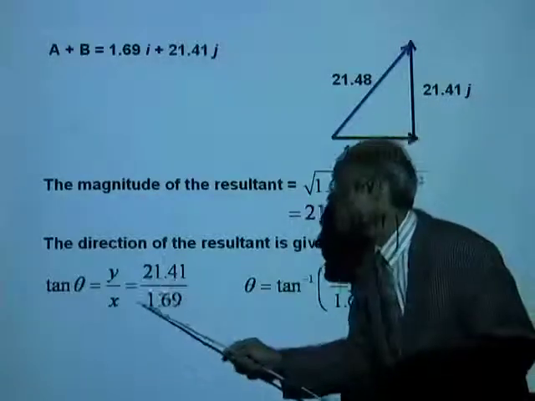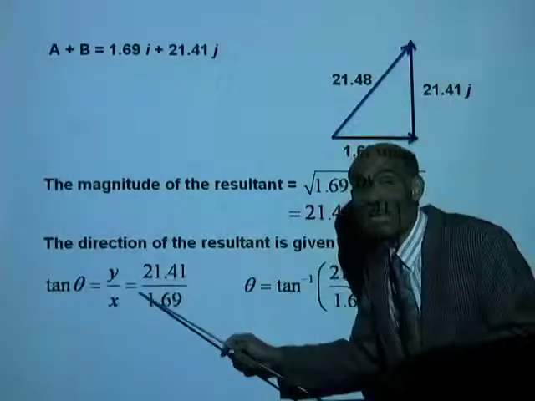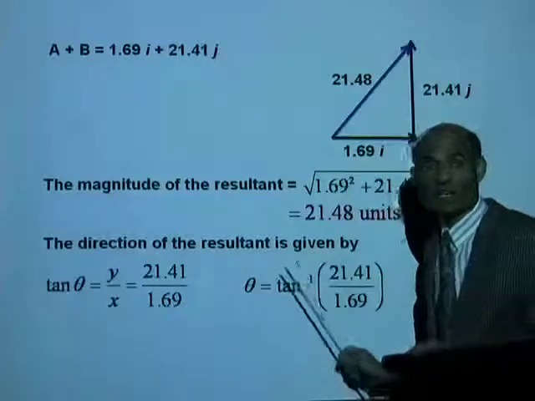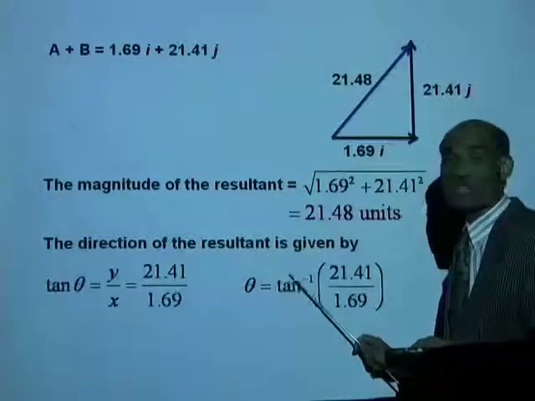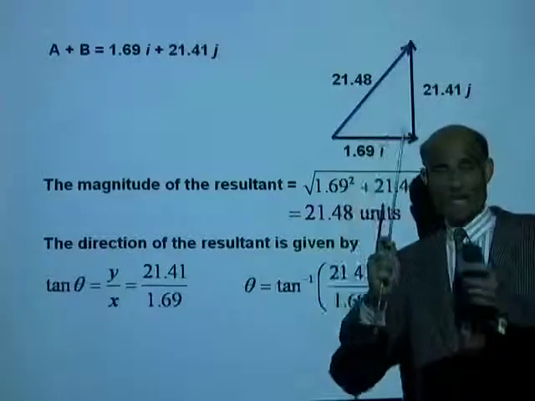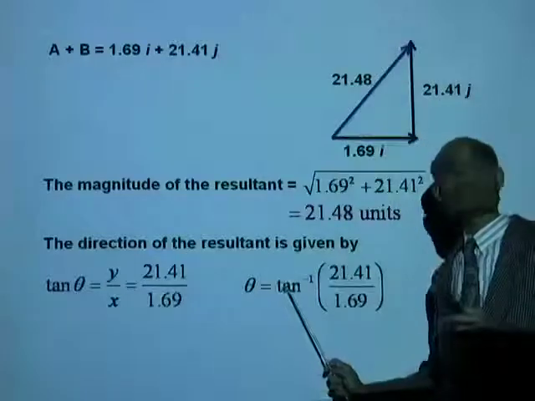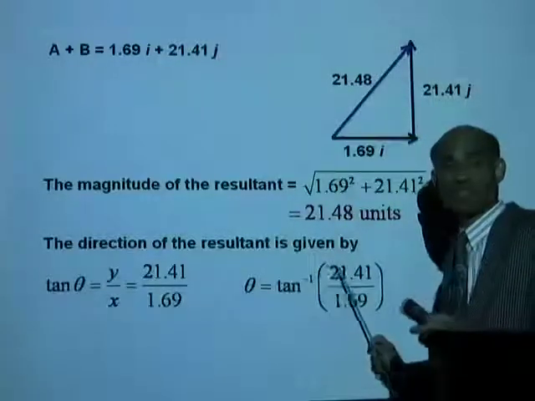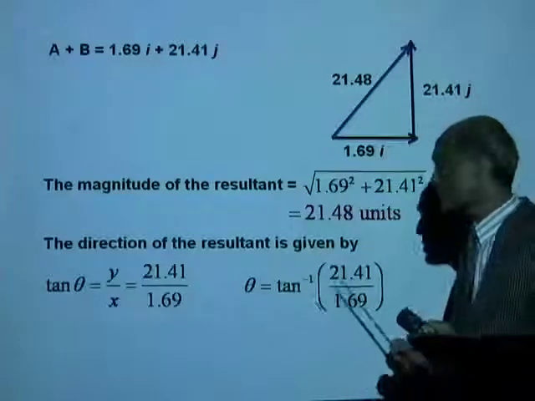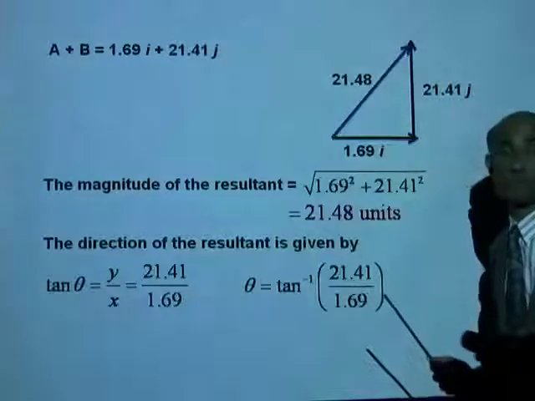And if this is tan theta, theta will be tan inverse of this. So in your calculator, go and punch this in. Tan inverse, use a parenthesis. I think most calculators come with a parenthesis when you type in tan inverse. 21.41 divided by 1.69, parenthesis closed, and what does that give you?